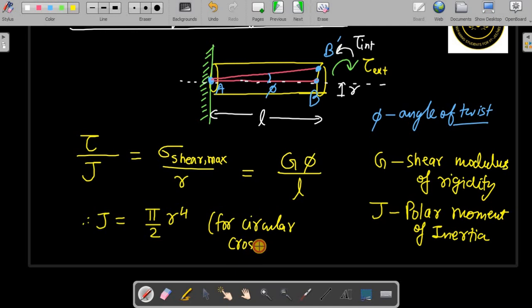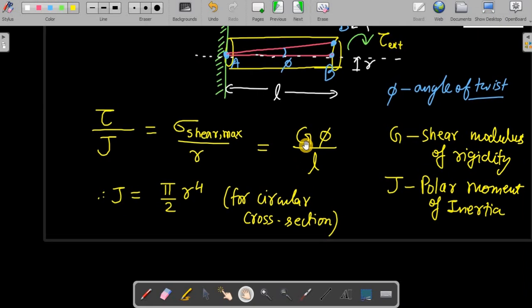G is the shear modulus, phi is angular twist, R is radius, L is length. Shear stress is the maximum shear stress, and tau is of course the torque here.